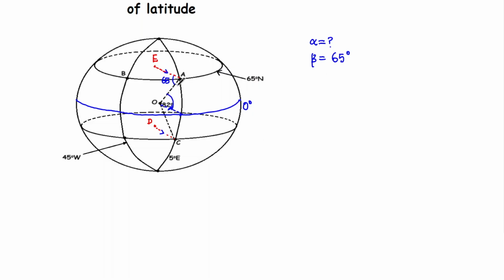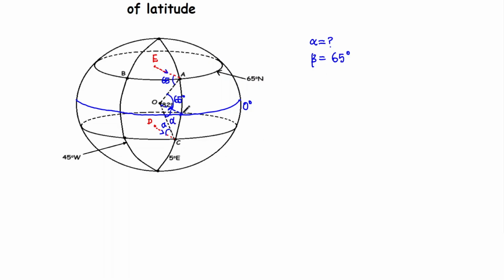This angle is the same as that because of the property of Z angles. So this is 65 degrees. Now since we let our angle at C be alpha, from here we also have alpha, and again this one is the Z angle property.